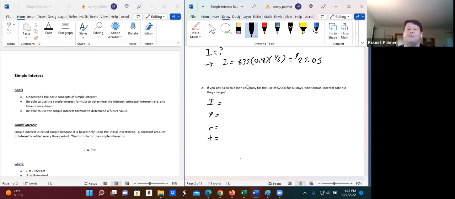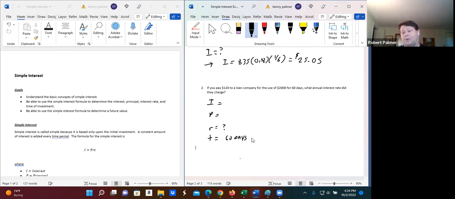Now, first off, in this case, probably the easiest thing to do is determine what our unknown is. It says, what annual interest rate did they charge? That's the question, so that's what we're trying to find. Then we have to know the other three. The next easiest thing to pick out is the days, 60 days.